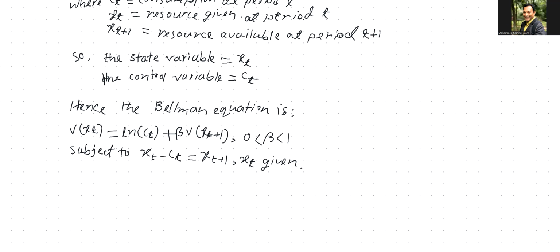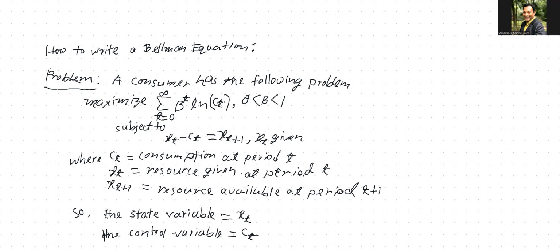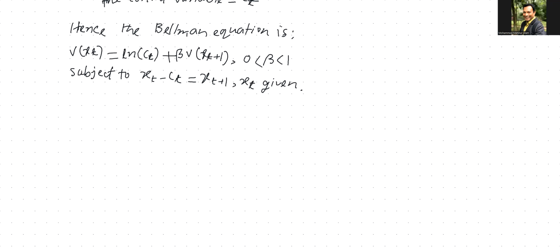And of course, we need to put the budget constraint here too. If we look at the original problem, we see that in the Bellman equation we don't have beta to the power of t, because here the t is 1, so we have only beta. And in the current period, the value of t is 0 because there is no discounting, so we only have this ln of c sub t.